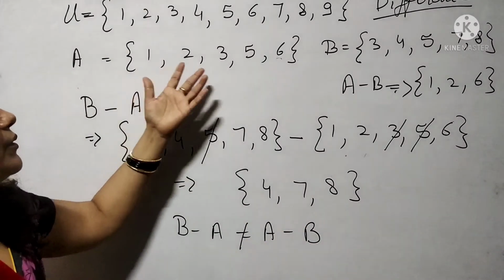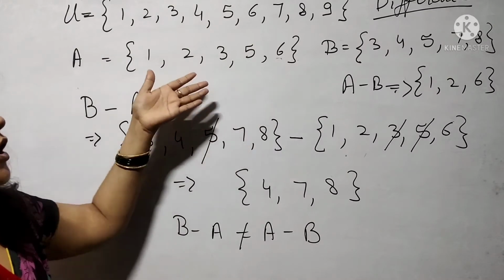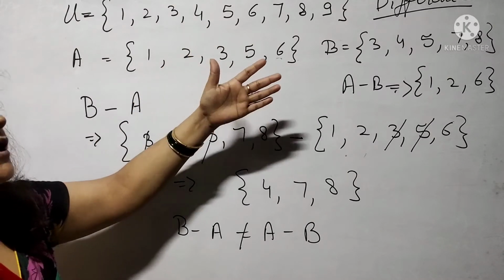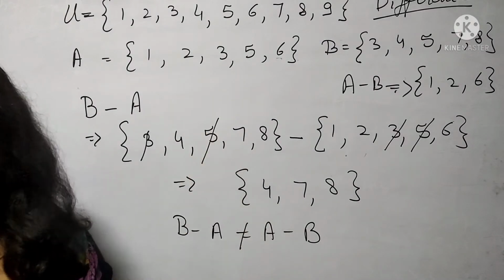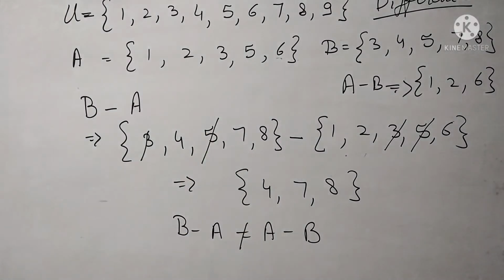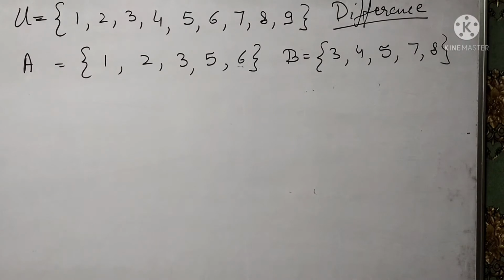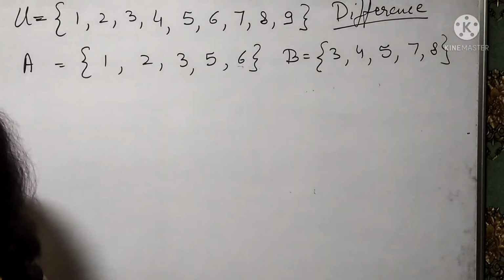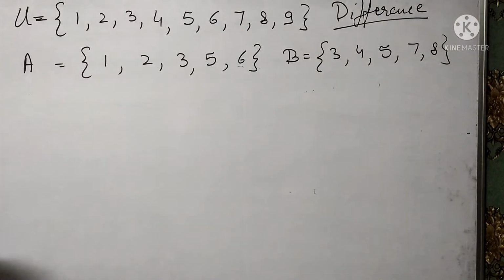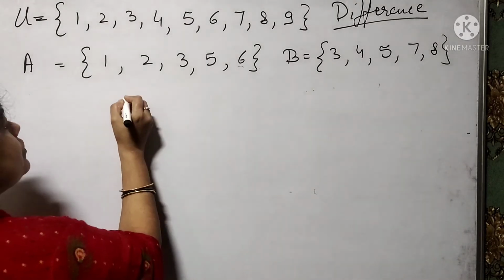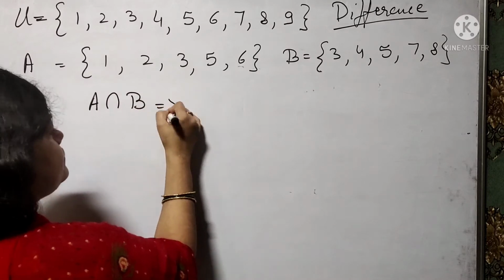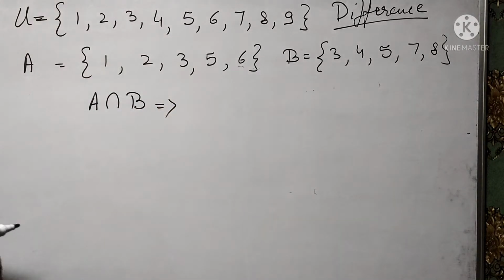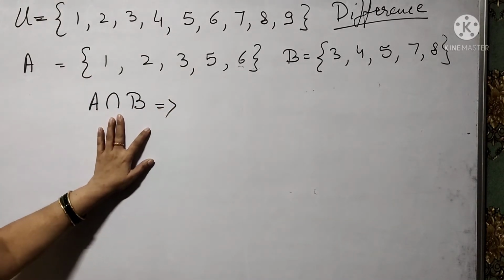Okay. Now I am going to explain how you represent A minus B or B minus A with the help of Venn diagrams. To present these sets in the form of a Venn diagram, firstly I prefer you to find A intersection B. How will you find the value of A intersection B?